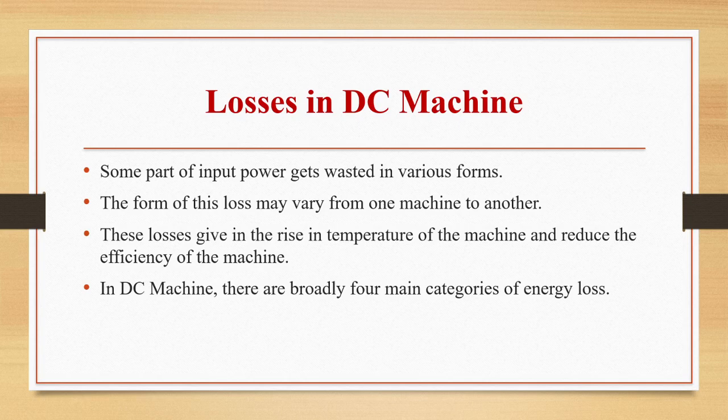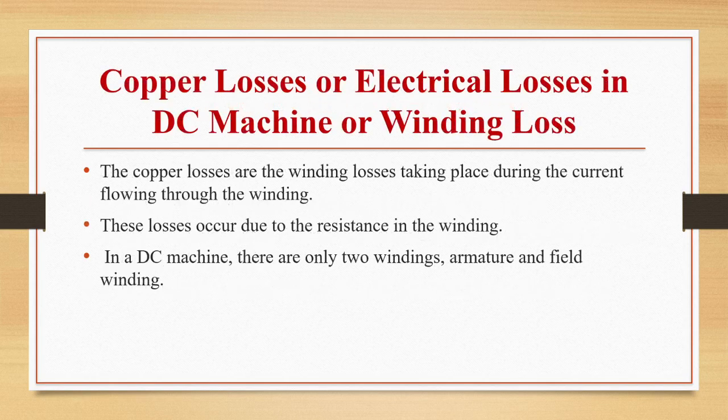Okay. So in a DC machine, there are broadly four main categories of losses. First, copper losses, or electrical losses, or winding losses, or I square R losses. These copper losses are the winding losses, and they take place when current flows through the winding.